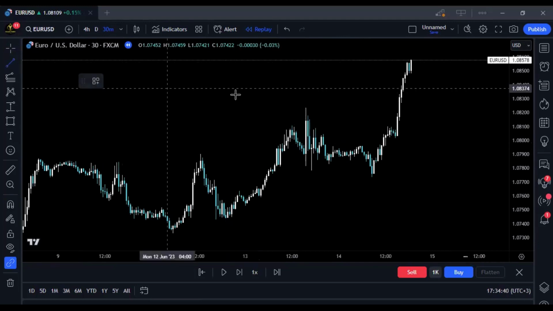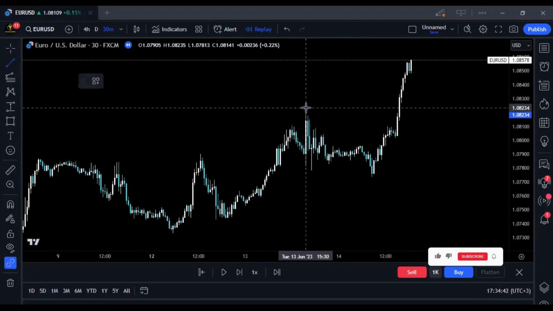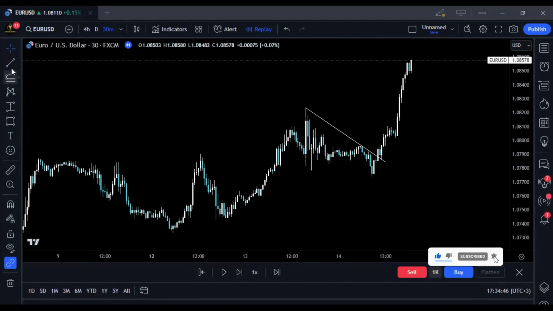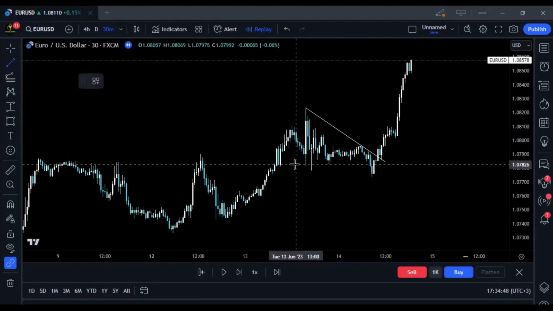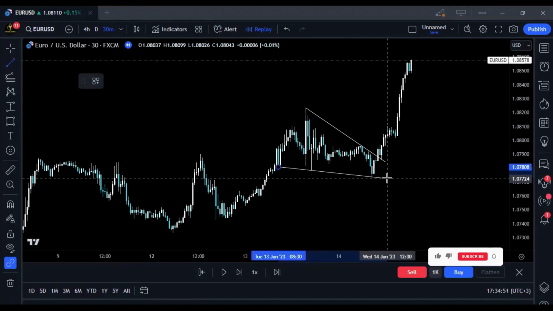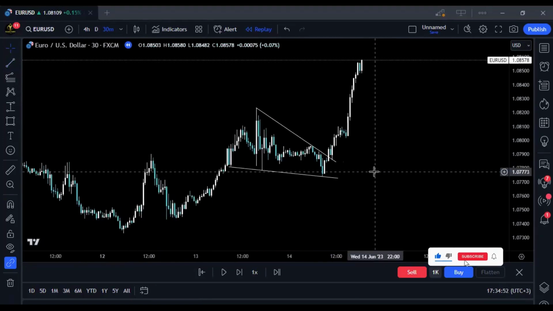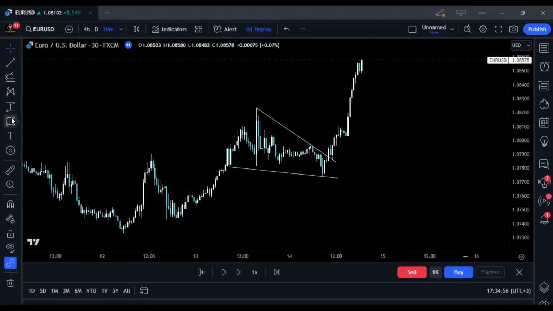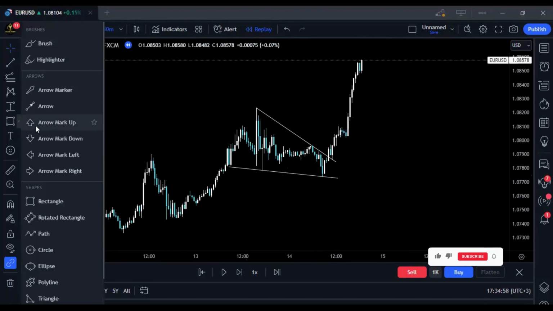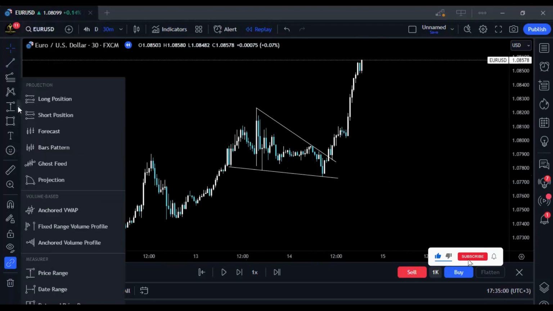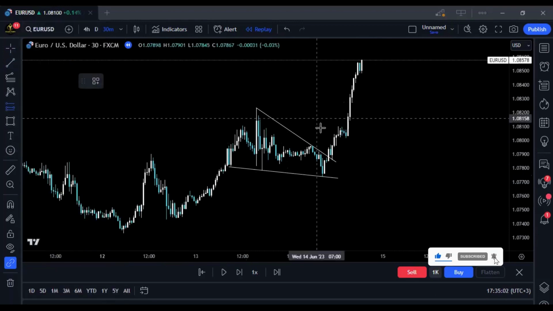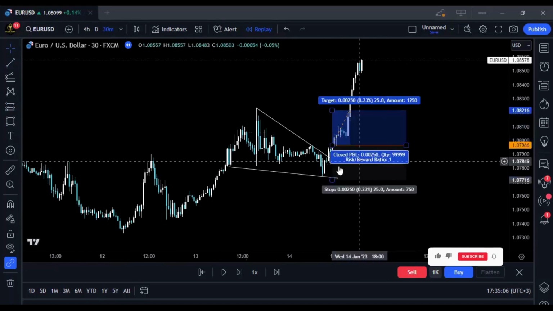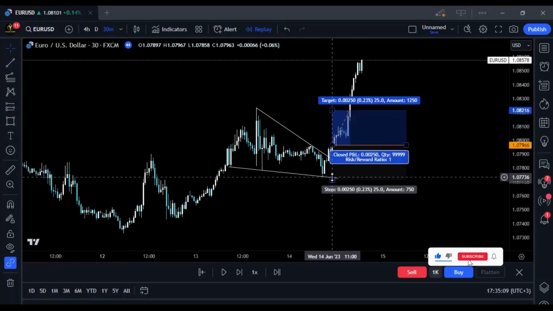On the 30-minute, we saw this break and retest. After that, we actually called a short.